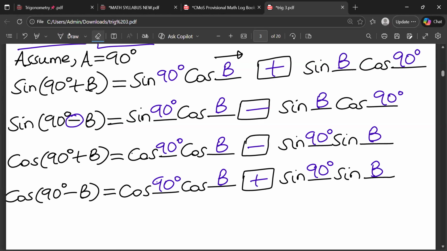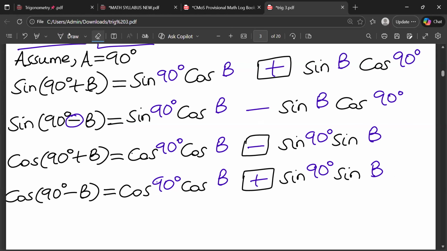Now get your calculator. Do you have your calculator ready? What do you get when you put sine 90? I hope your calculator is in degrees. So sine 90 you get 1. Then what do you get for cos 90?